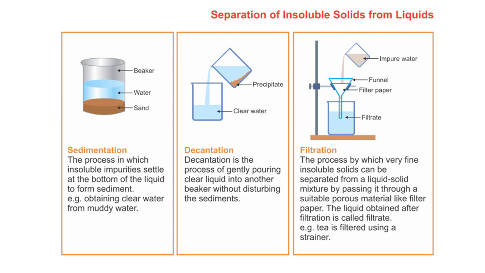So in the first picture here you can see sedimentation. Sedimentation can be defined as a process through which the dirt or other heavier particles in a mixture settle at the bottom of the vessel when water is added to it. When the dust and dirt particles have settled, the clear water which forms the upper layer is moved to a different container and the dirt and dust is done away with.